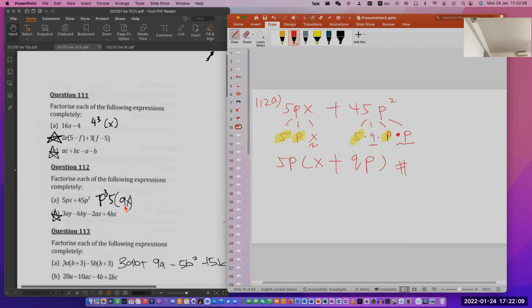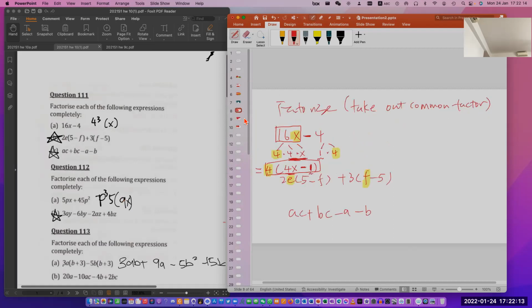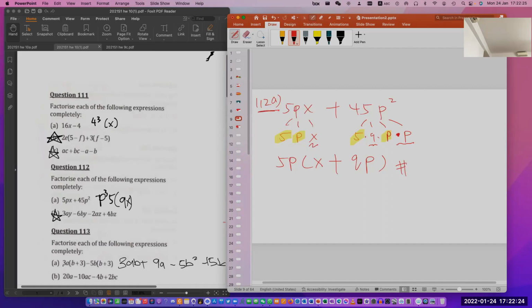Okay. So hopefully with this question, and with this question, you start to appreciate, or you start to know how to factorize.